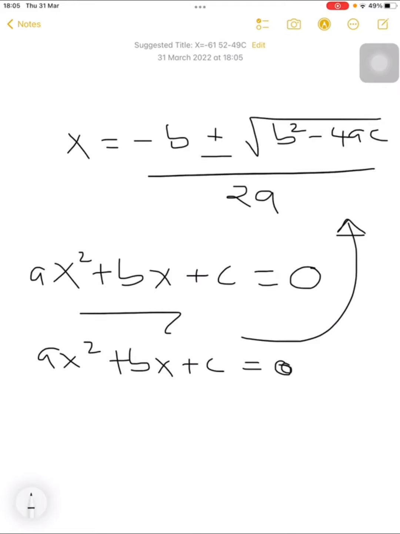And we know when we use the completing the square method, we will be creating the perfect square in the process. So the first step is for you to solve a quadratic equation by the use of completing the square method. Number one, you have to make sure that the coefficient of x squared is 1.